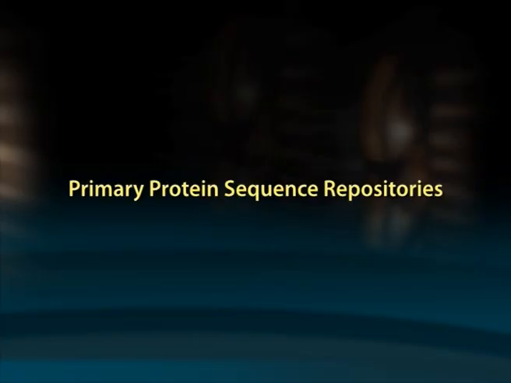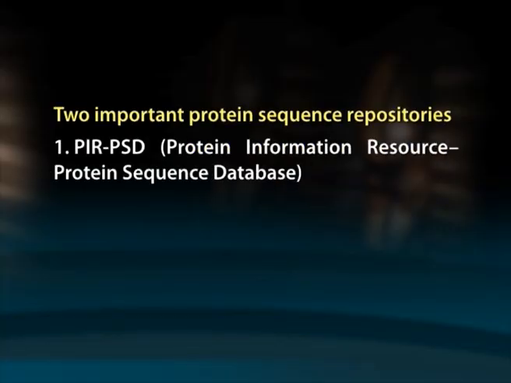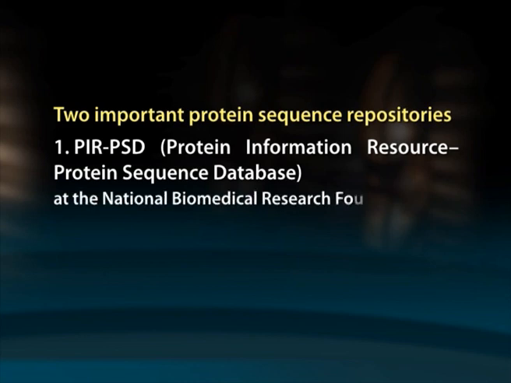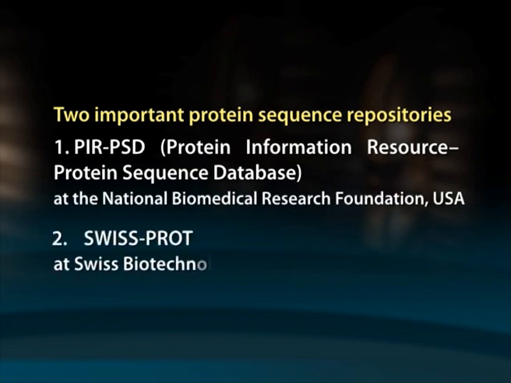Primary protein sequence repositories. The two important protein sequence repositories are PIR-PSD, that is Protein Information Resource Protein Sequence Database, at the National Biomedical Research Foundation, USA, and SwissProt at the Swiss Institute of Bioinformatics, Switzerland. PIR-PSD.